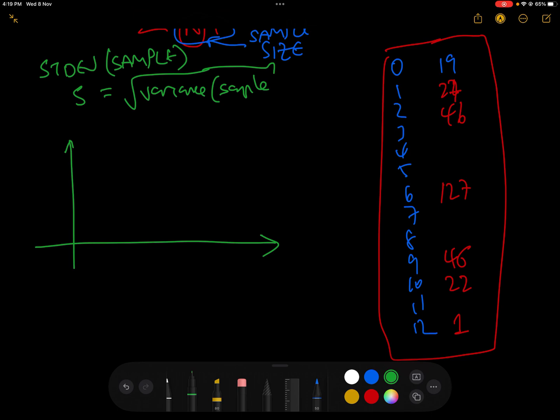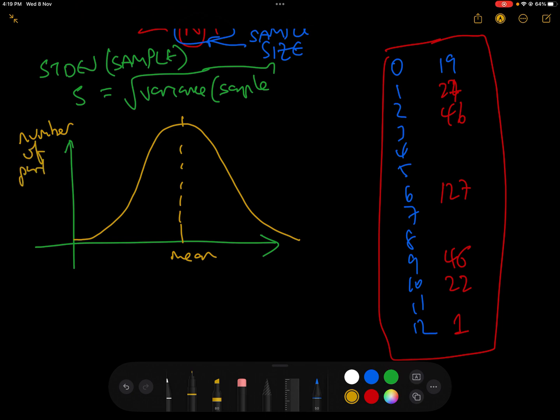Now basically, normally, and certainly not always, but normally, and we can assume for the sake of argument here, that the graph will look sort of like a normal distribution, something like that, where this here represents the mean, this is the number of participants, and this is the dial number.